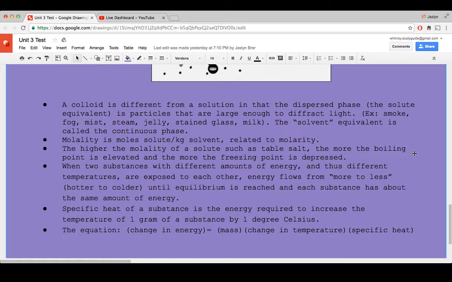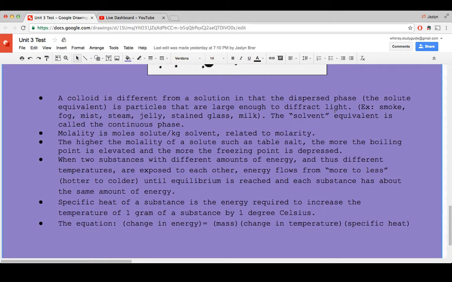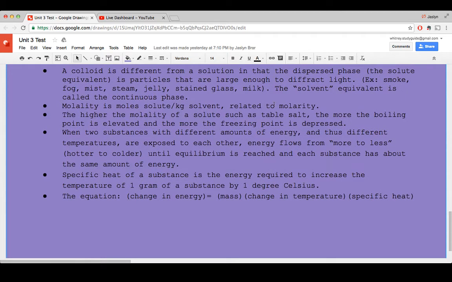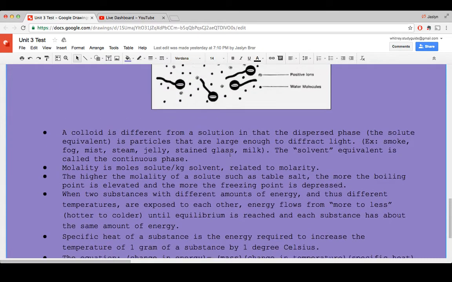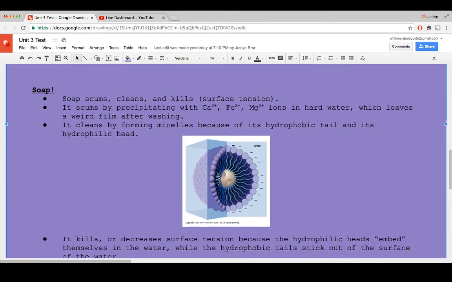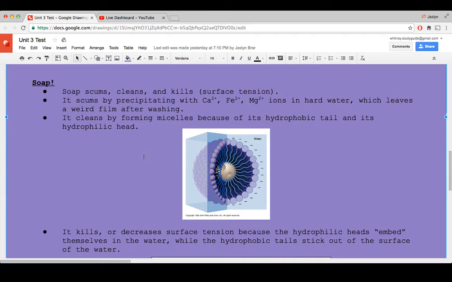Okay, so I think that definitely wraps it up for the lecture type parts. Really, it's not too much information, this chapter.